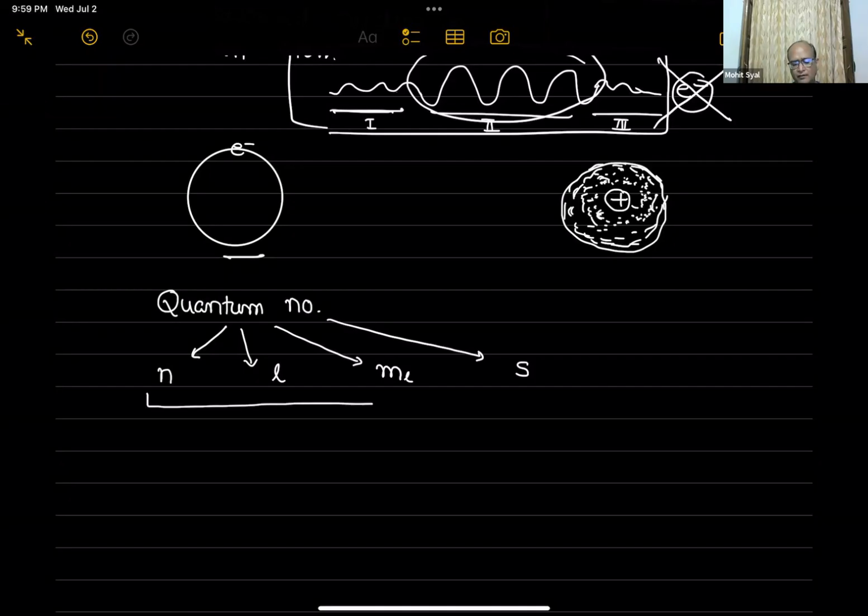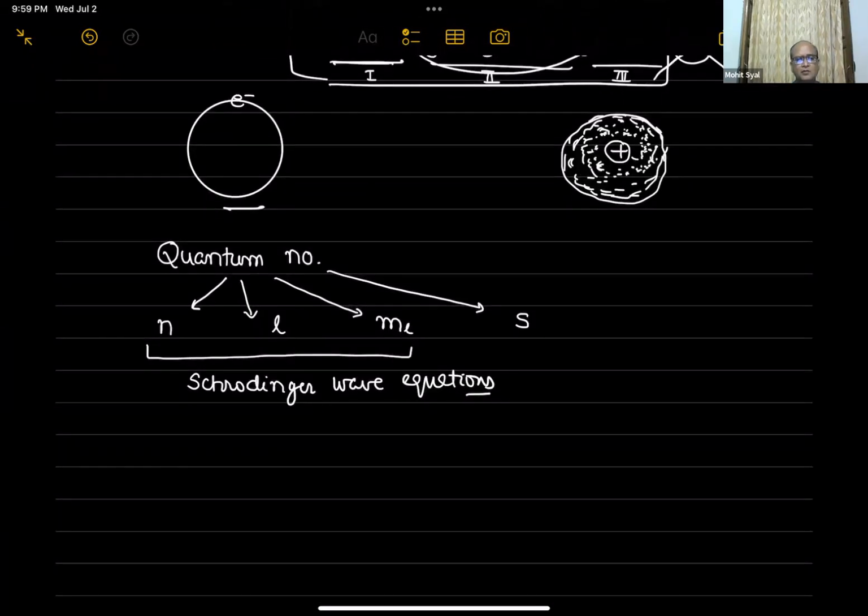Three of the quantum numbers are linked to the Schrodinger wave equation. When you put these numbers in, you are able to plot psi or psi square. Is it clear?